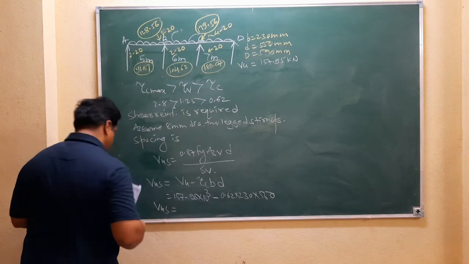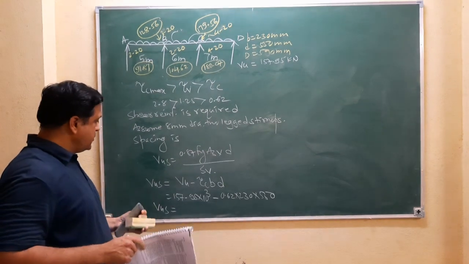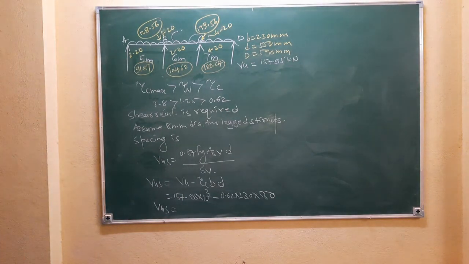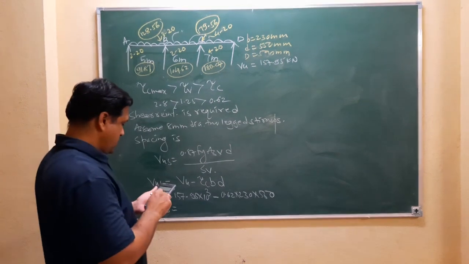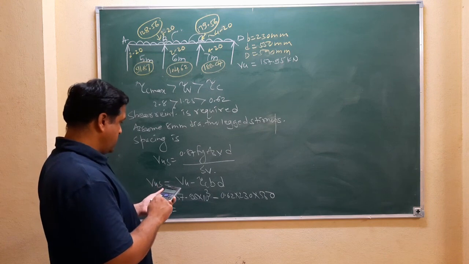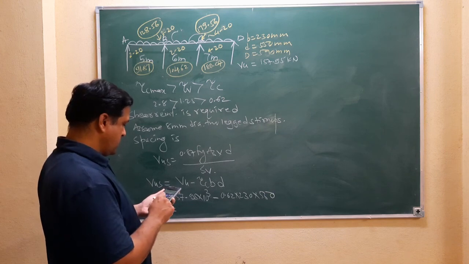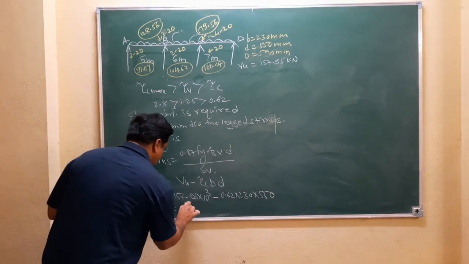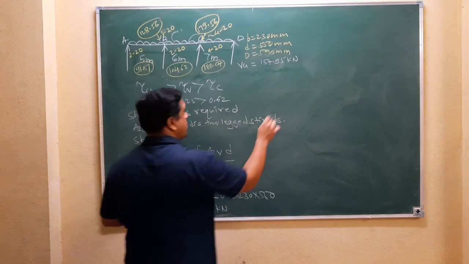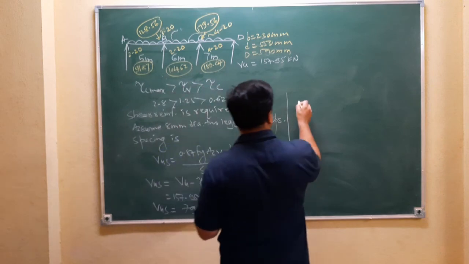So Vus is 157.95 into 10 raised to 3 minus 0.62 into 230 into 550. The value is 79.52 kilonewton.